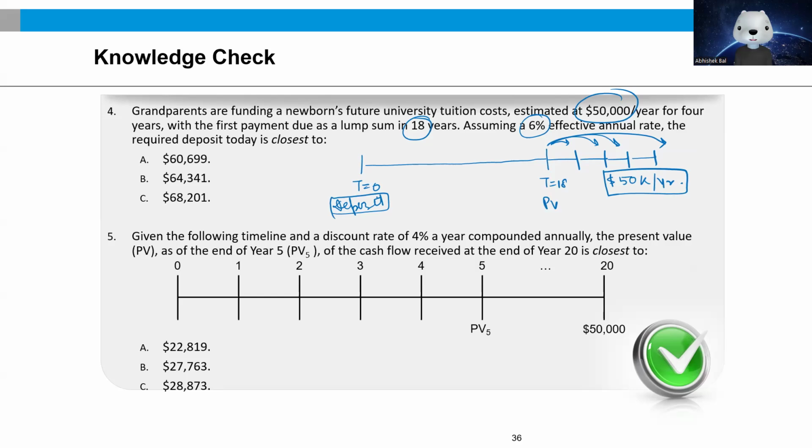And this has to continue for 4 periods. So N is equal to 4. The effective rate of interest has been given as 6. So we put I/Y as the effective rate of interest here. And of course, at the end of 4 years, there is no expectation, because that would have already exhausted the savings altogether. And now we have to find out the CPT PV.